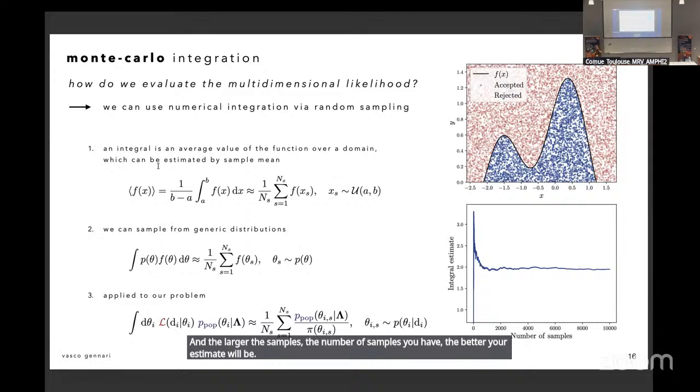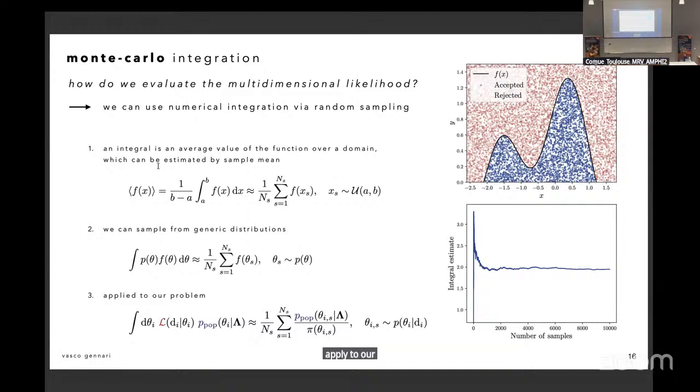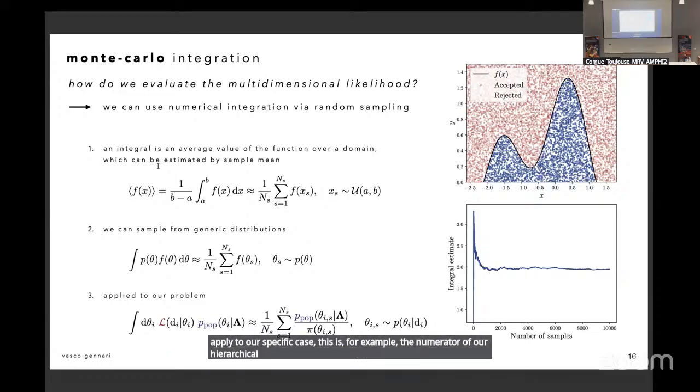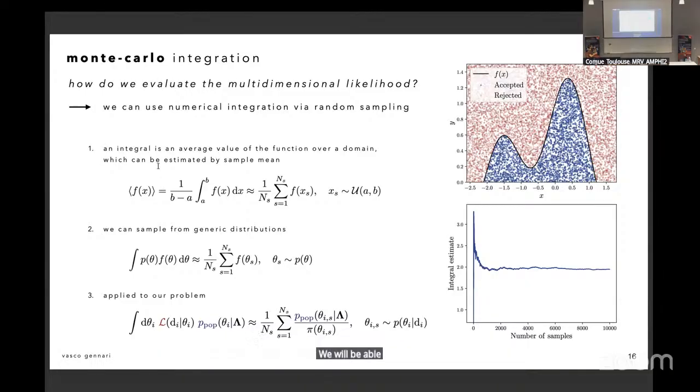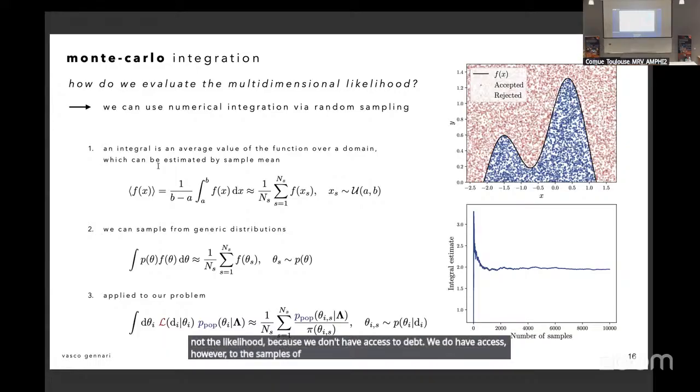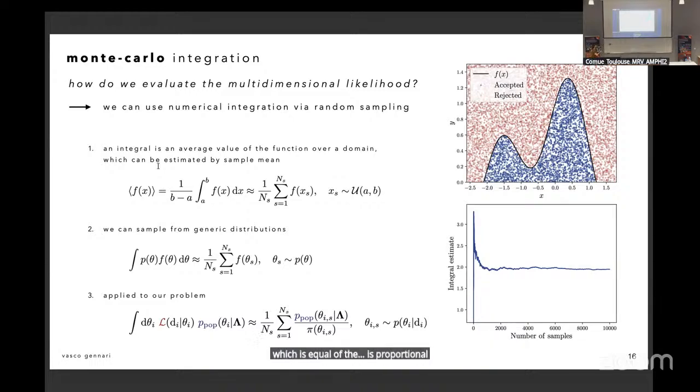So applied to our specific case, this is, for example, the numerator of our hierarchical likelihood. Remember, we have the likelihood of the single events multiplying the population. Then it means that we will be able to compute this integral by evaluating the population on the samples of, not the likelihood, because we don't have access to that. We do have access, however, to the samples of the posterior distribution of the single events, which is proportional to the likelihood multiplied by the prior.